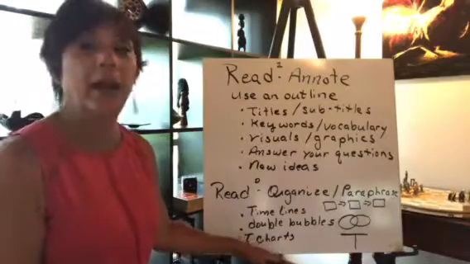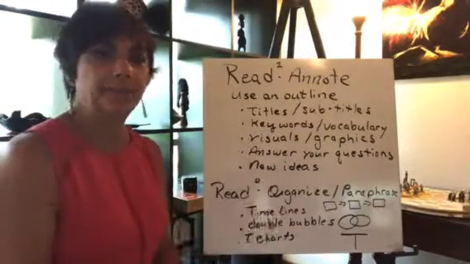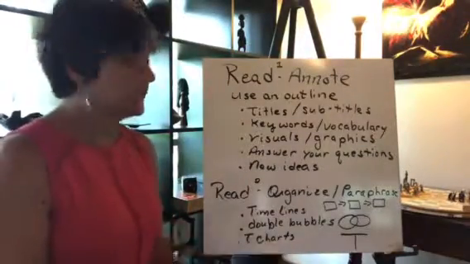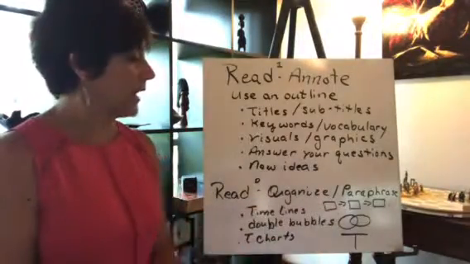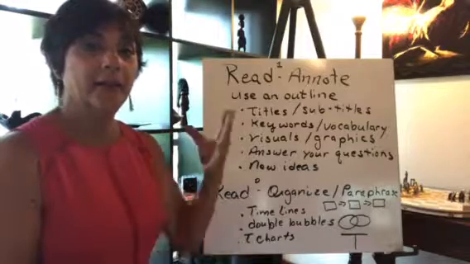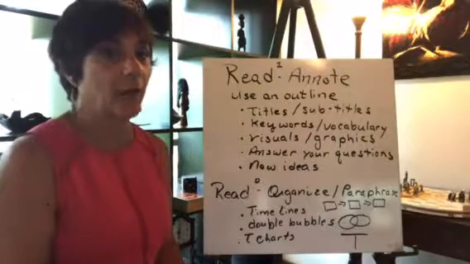Many times if we have any kind of problem comprehending, when we put it in a format that's organized and visual, it's easier for us to retrieve that from our brain.